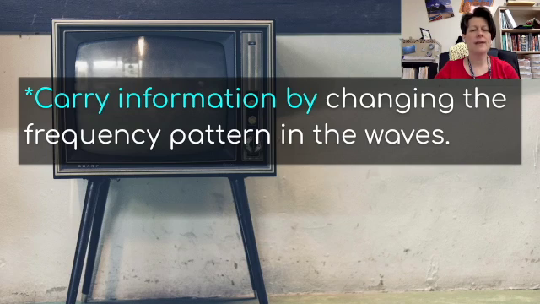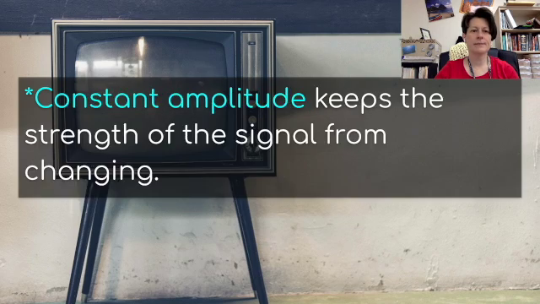Now, if you use a satellite dish or fiber optics, it's a little bit different, so I'm talking about getting it through your antenna. FM has a constant amplitude, which keeps the strength of the signal from changing.